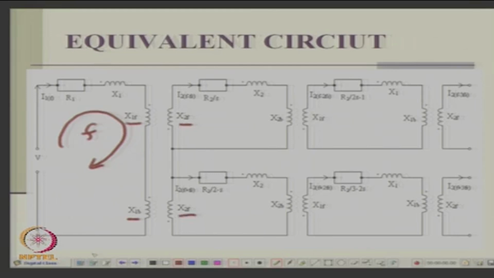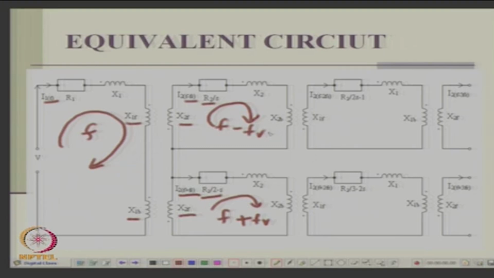Okay. So, this will be the current of F minus Fr, and this will be rotor current of F plus Fr, and you know this will be R2 by S and R2 by 2 minus S, right, and these currents will induce. So, the voltage equation will be due to this current I1F and another current I2F minus Fr and I2F plus Fr, okay.